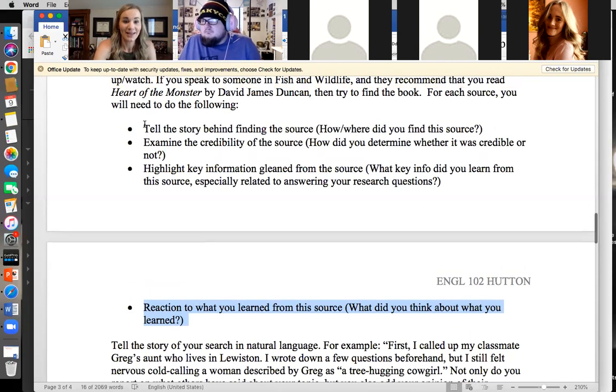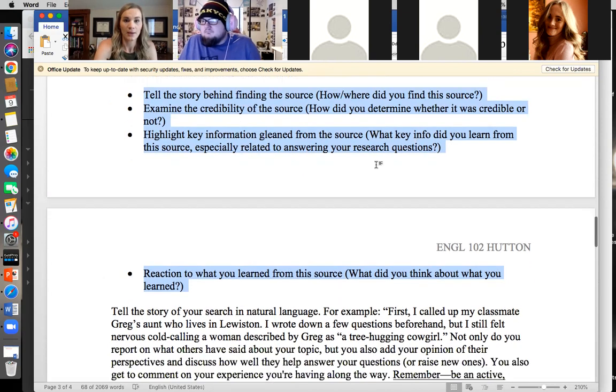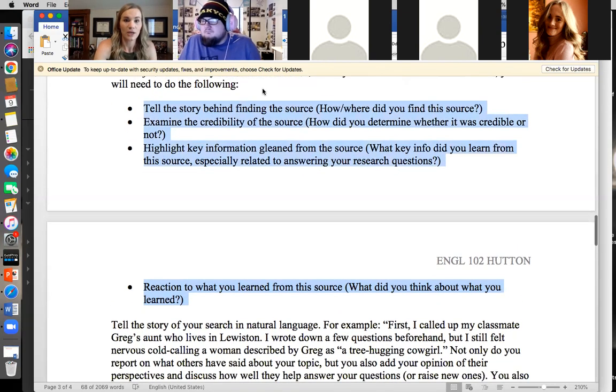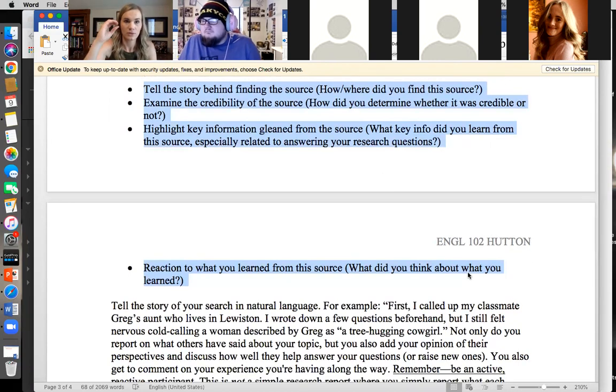Okay, so again, each source will need to do this, and usually this can be a paragraph to a couple of paragraphs per source, if you are taking us through all of these things. Okay. And if you're telling us a story, usually you'll tell us how one source led to the next source. Okay, so do these one source at a time. Okay.